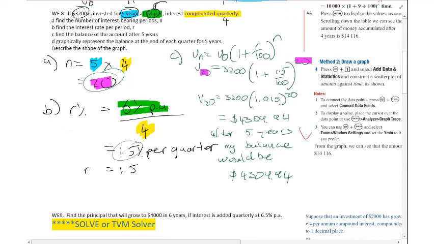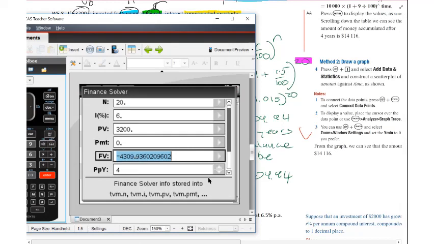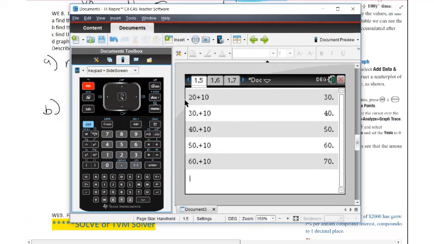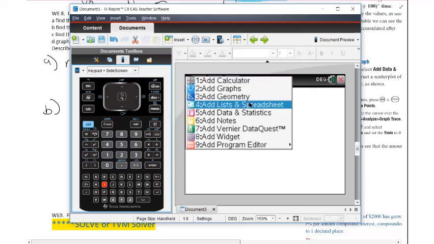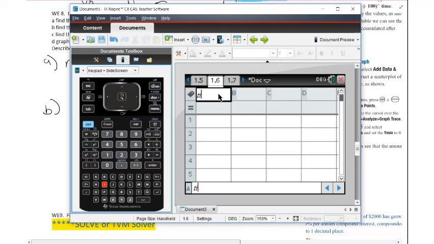All right. So graphically represent the balance at the end of each year for 5 years. And you're thinking, how do I do that? Let's escape out of that. I'm going to need to set up a list and spreadsheet. Control I, list spreadsheet. I'm going to call it time 1, just because I've used time before.